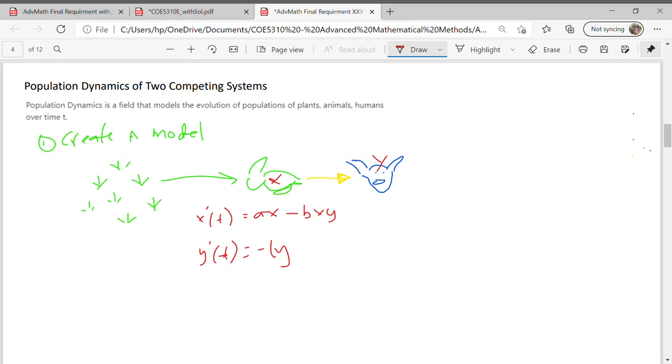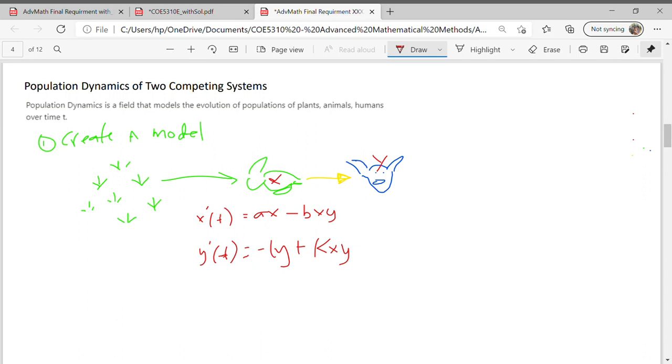But since there are rabbits around these foxes, there's a tendency to increase their population with some proportional xy coefficient k. So these are our two nonlinear equations for this model, this interaction of rabbits and foxes.